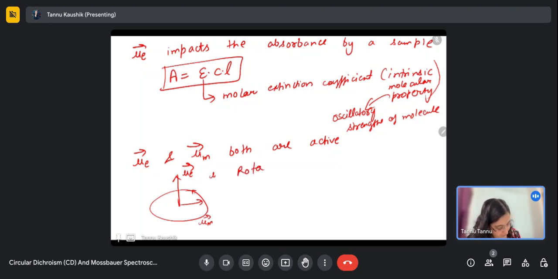So mu m is associated with the rotatory strength of the molecule, and the electric field vector was associated with the oscillatory strength of the molecule.